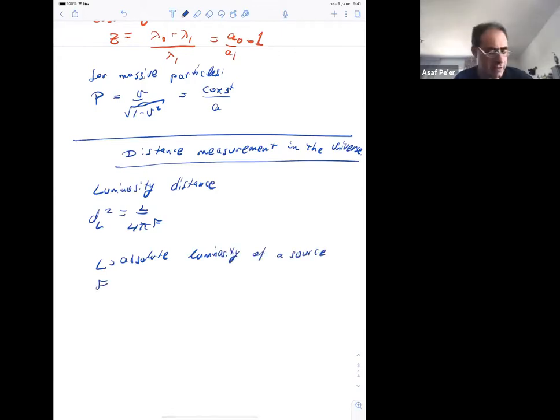And F is the flux, which is measured by us. Which is essentially energy per unit time per unit area of the detector.